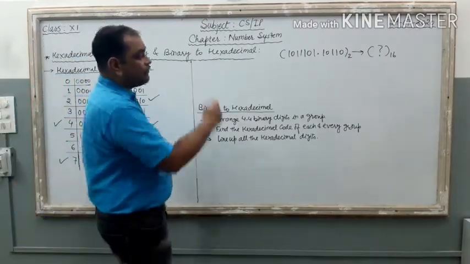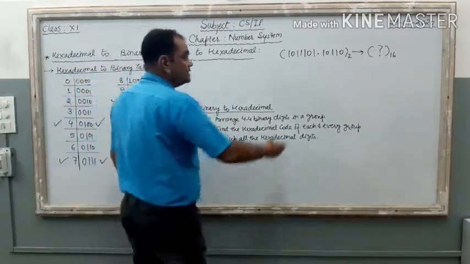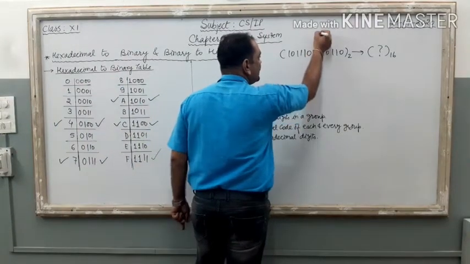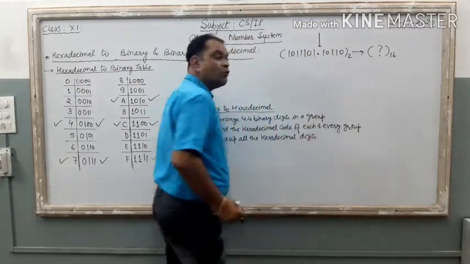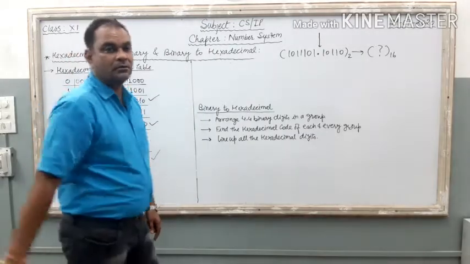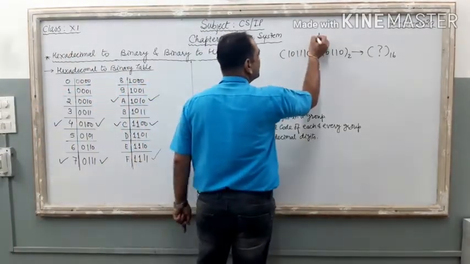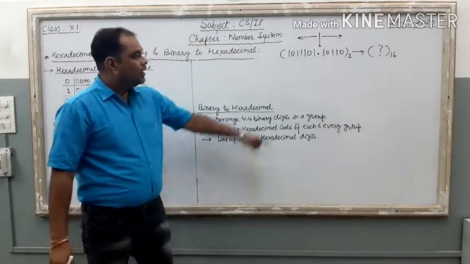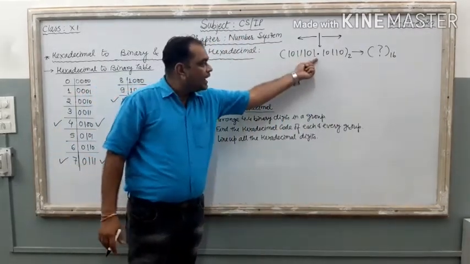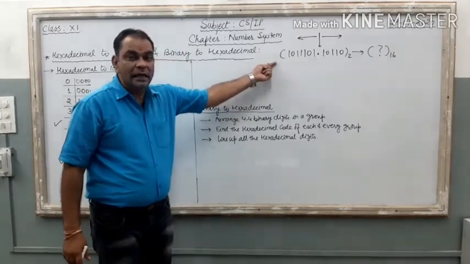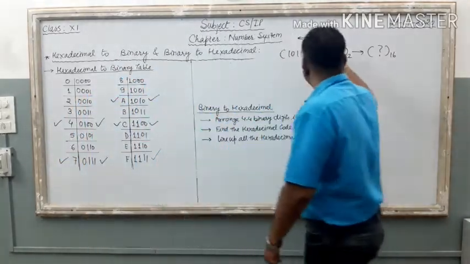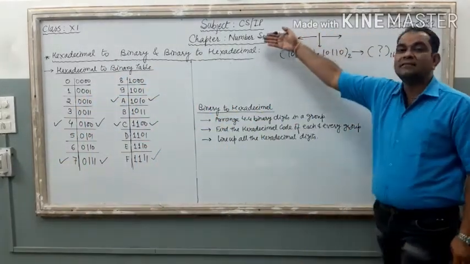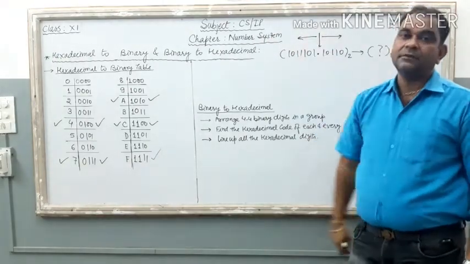Now here it is a fractional number. Fractional means a decimal point is there. Just hold the decimal point, and when you create the groups, you should follow this direction. For the digits before the decimal point, move from right to left.